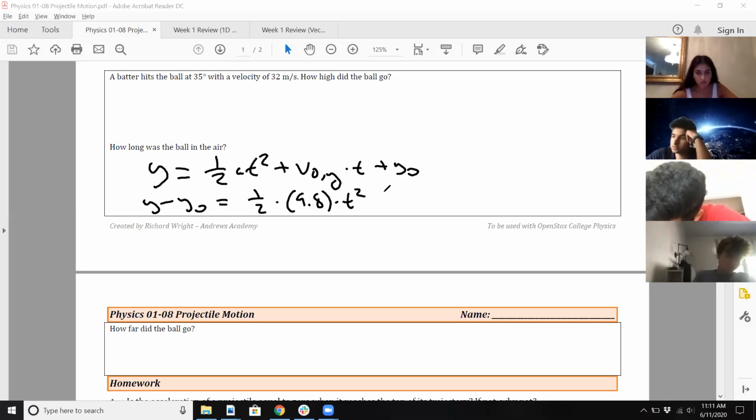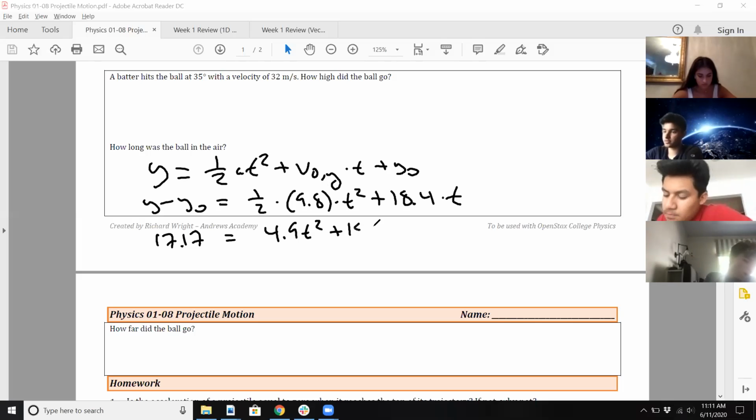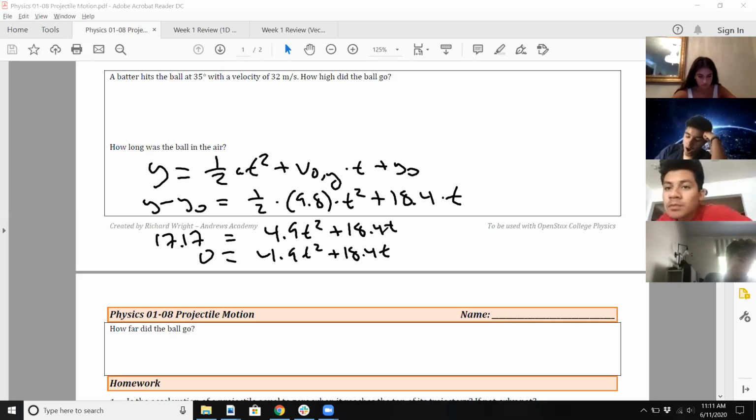Hold on. That was 18.4. Yeah. And y minus y0 is 17.17. Moving over to one side. And work it all out.